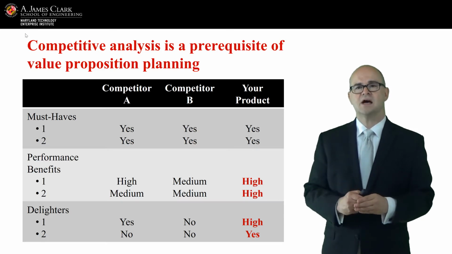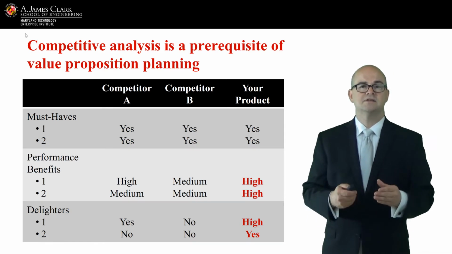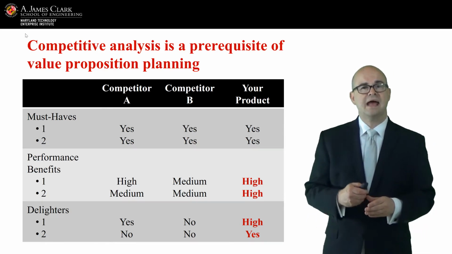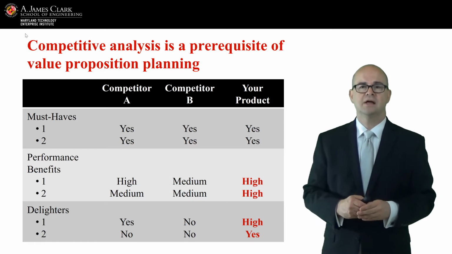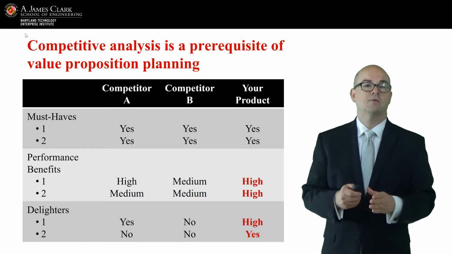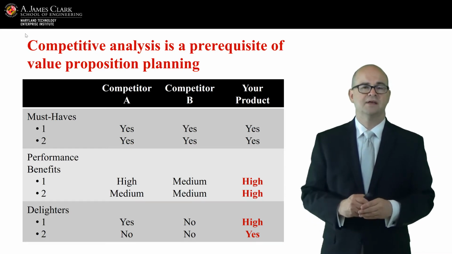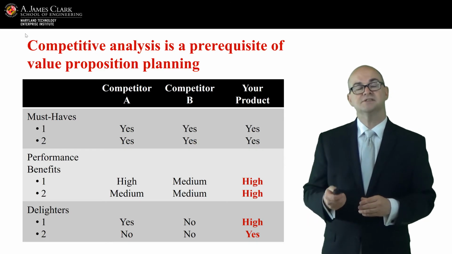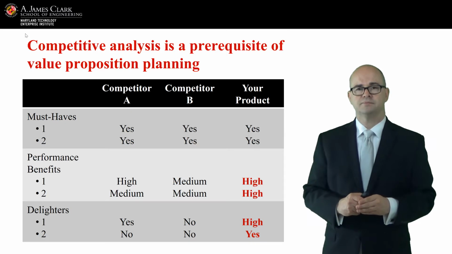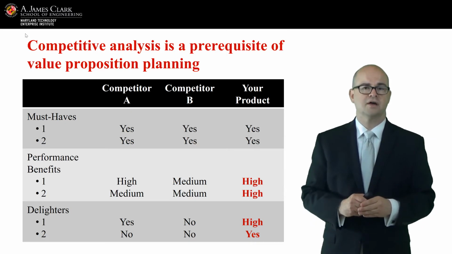Similarly, for the next item, A came in at medium, B came in at medium. For the next item in delighters, perhaps A has something that is truly special, and whatever that delighter is, you'd put a yes in that column. If B does not have that same delighter, you would put a no there, and so forth. So that gives you some sense of what the competing offerings would look like.